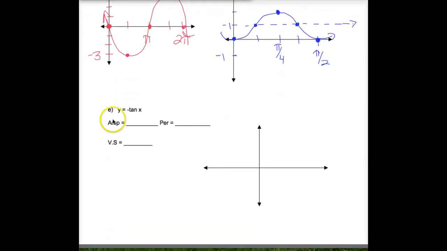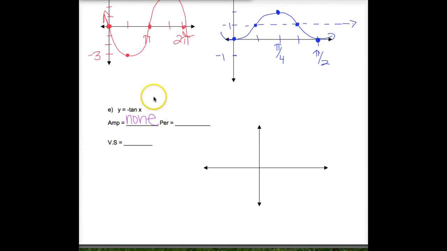All right, last one is a tangent graph. And notice that we haven't done as many tangent graphs because we focus a little more on the sine and cosine. But amplitude we've previously discussed, tangent does not have one because it extends on forever.